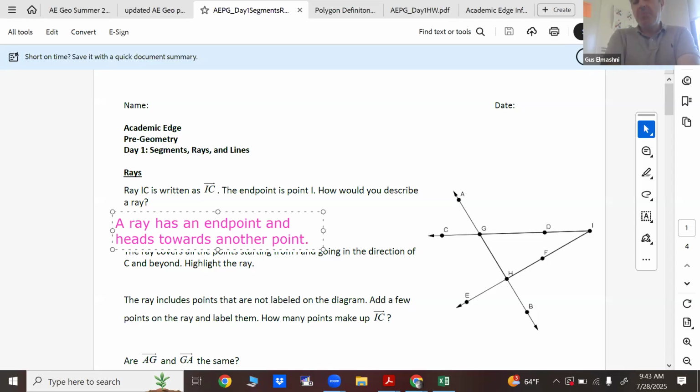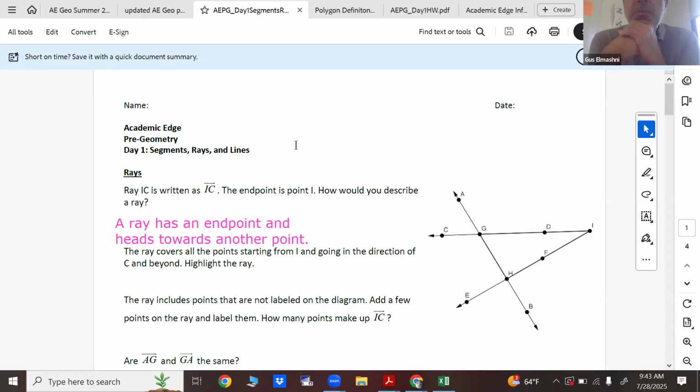Yeah, I think it's fair. So like a sun ray, light rays, laser rays, beam rays, whatever, right? So it has an endpoint and heads towards another point.